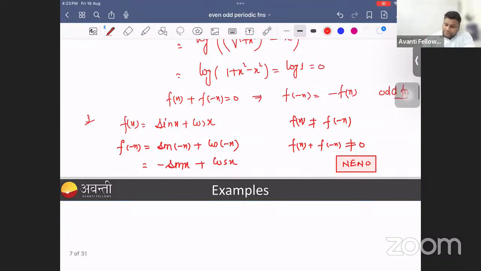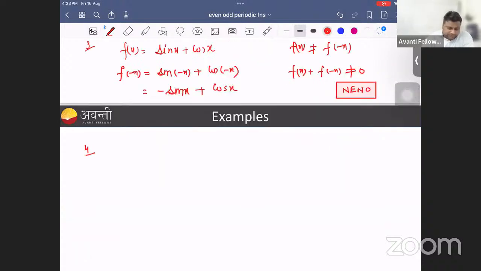All right. See another example. f of x is equal to x into a raised to the power x plus 1 upon a raised to the power x minus 1. All right. Check once what it is, even or odd.